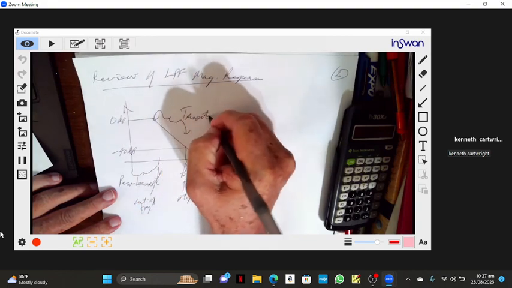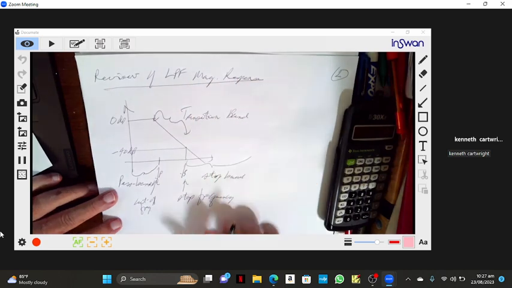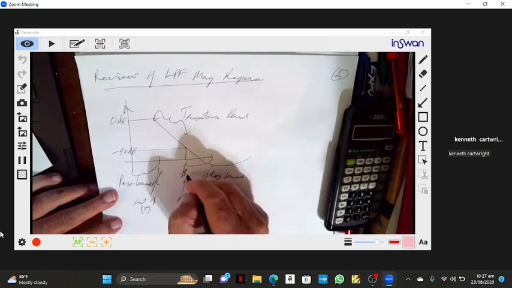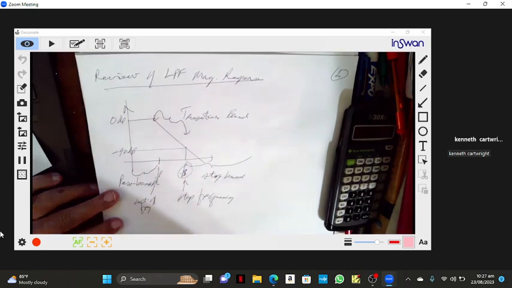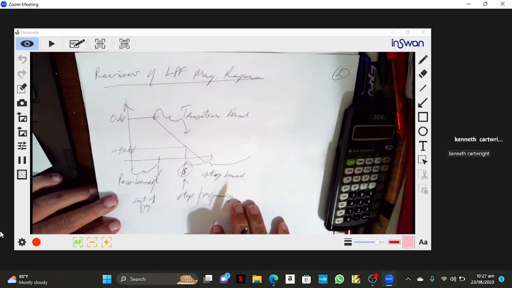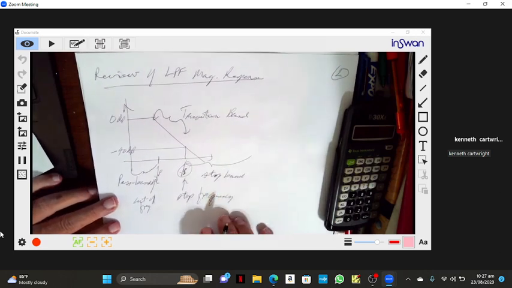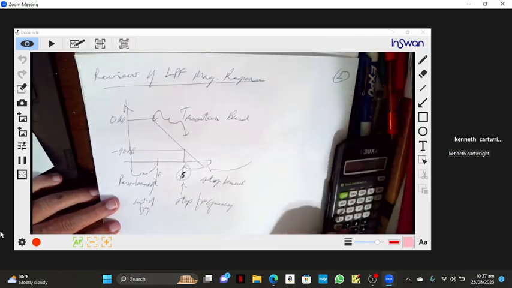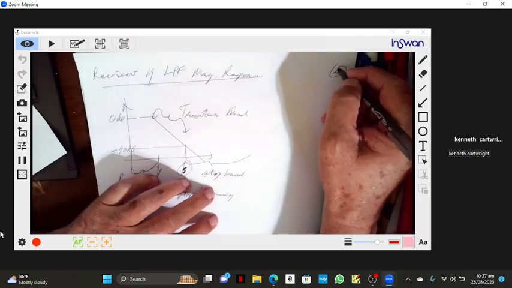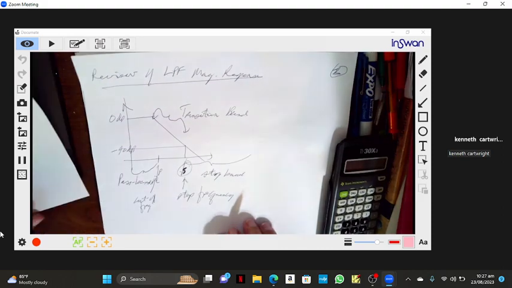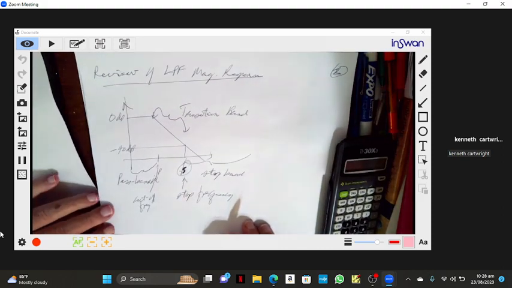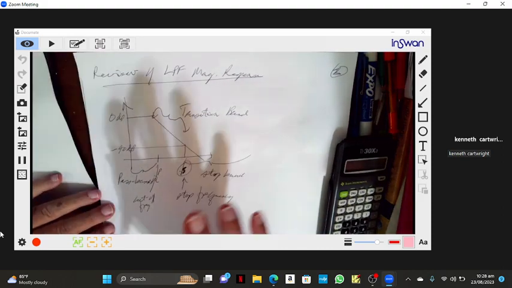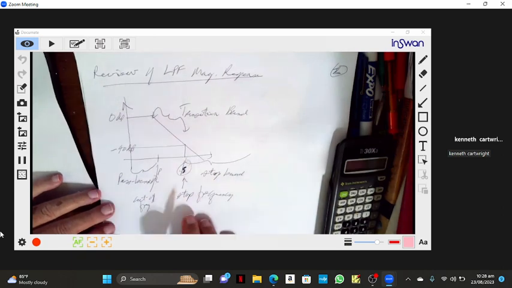And this FS has nothing to do with sampling frequency. Sometimes in electronics things are called by the same symbol, and you have to use the context to determine whether it is referring to sampling frequency or the stop frequency. All right, let's review. We're going to need this in a few minutes.